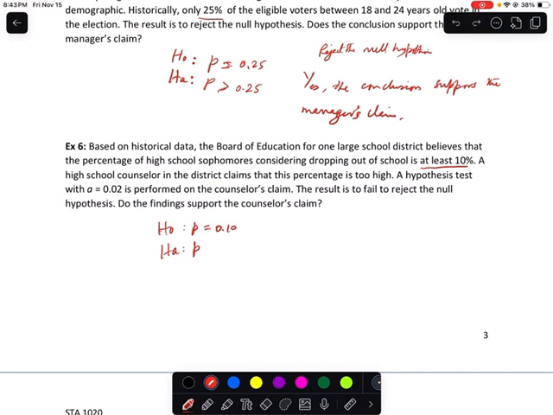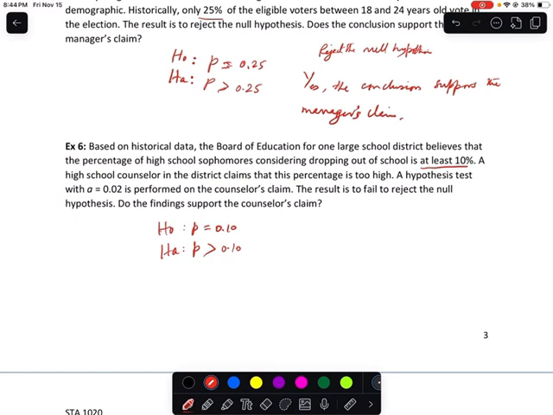Reading again, P should be greater. That is what the counselor's claim is, right? The counselor is claiming that this percentage is too high. Okay, so it is not 10%; it's more than 10%. It's high. So the result is to fail to reject the null hypothesis.